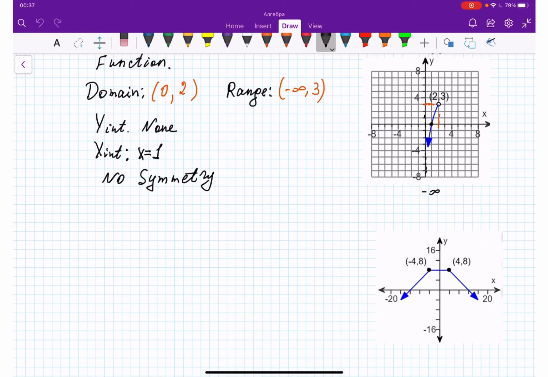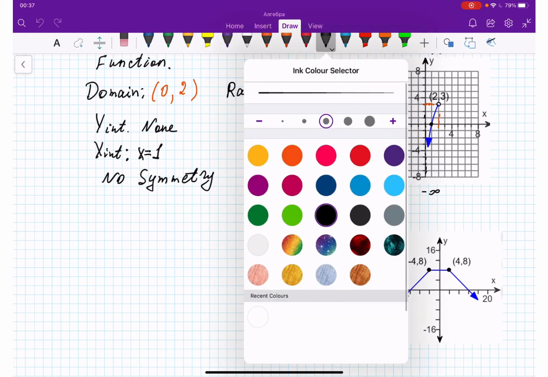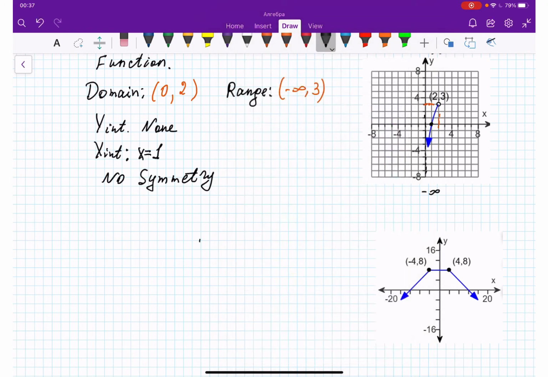Okay, so is this a function? Yes, if we provide a vertical line, we will see it will cross the graph in one spot only. So we are dealing with a function. Next, what domain do we have here?